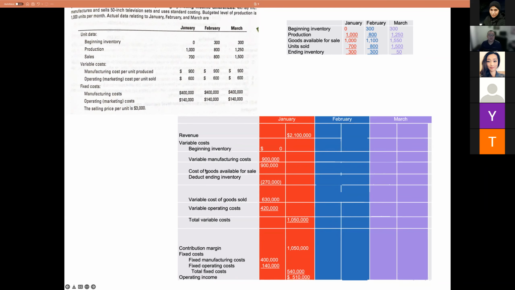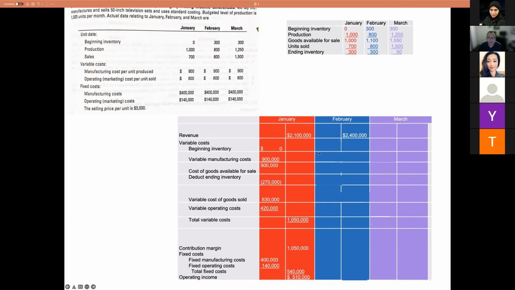Now to February, you are doing exactly the same thing. When you talk about revenues, use sales units. So you are selling 800 units, each at 3,000. So 800 times 3,000 is 2.4 million.